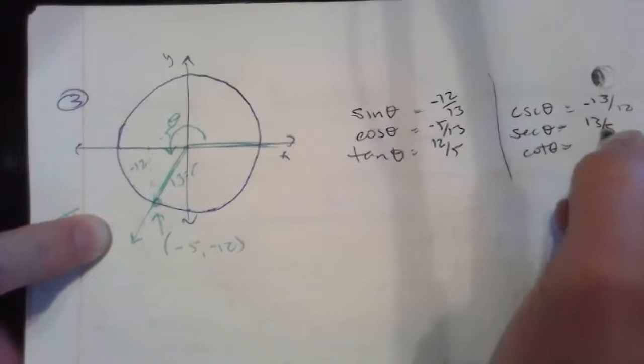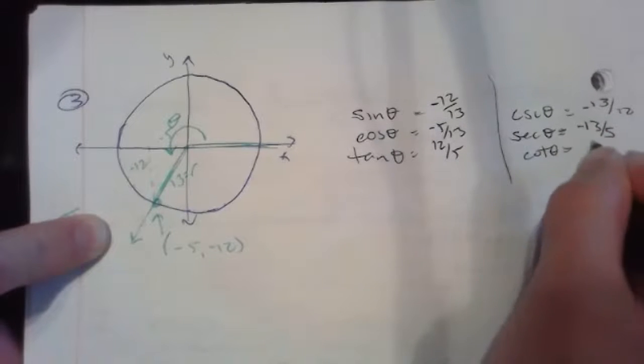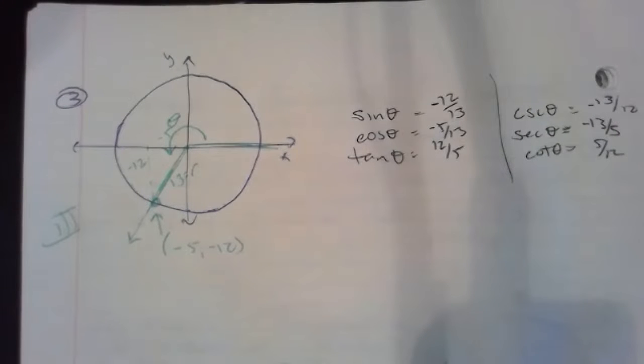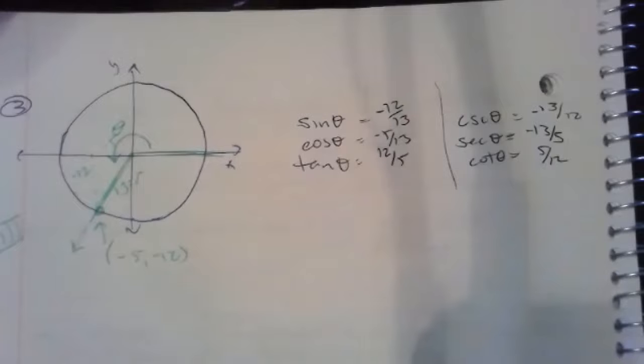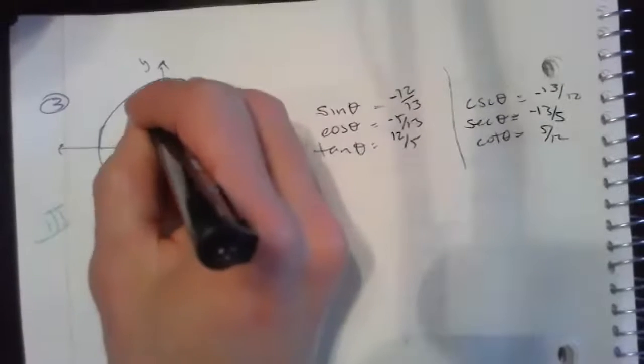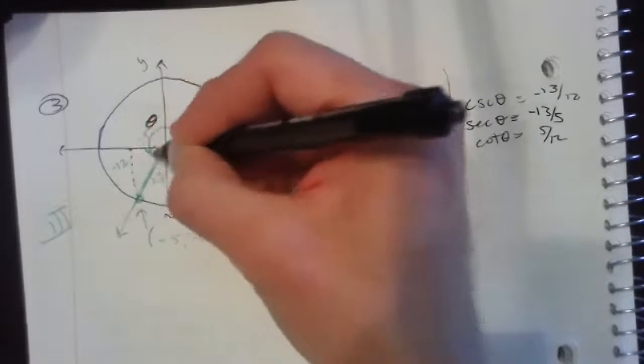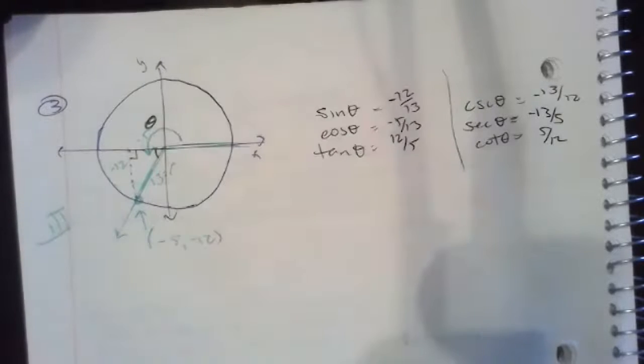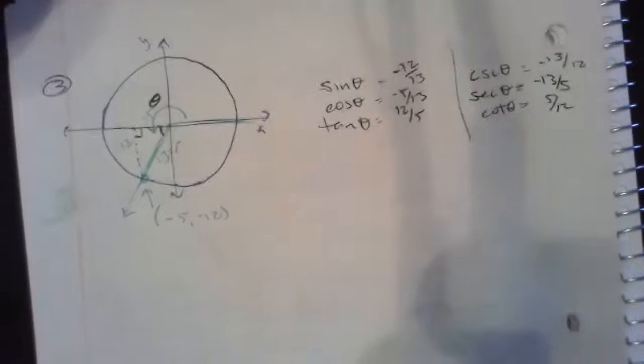So r over x for secant. Cotangent, don't need to worry about signs. It's positive 5 over 12. And there we go. Those are our 6 trig functions for this theta right here. Even though we're making a triangle over here, there's the right angle. This is kind of like the little angle we're talking about, but the math works out.